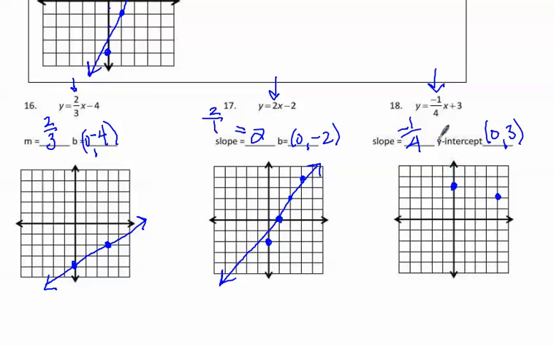You could also use -1/4, which is equivalent to 1/-4. So I can go up 1, left 4. That will be one and the same. Create your graph. Make sure you have the arrows on the end.